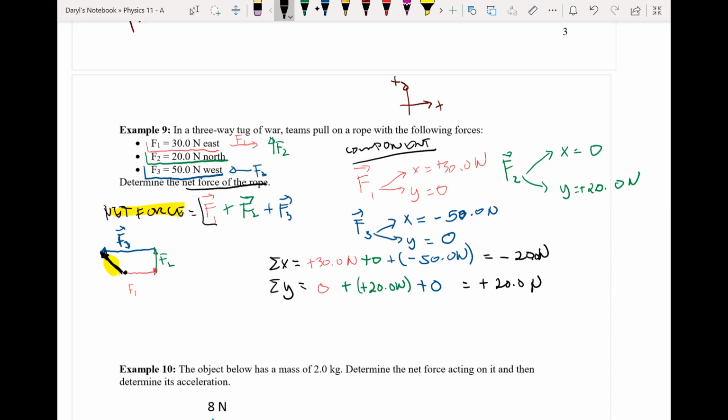Okay, so that also somehow agrees with the drawing that we have, that it should be in the second quadrant. So negative x, positive y, second quadrant.